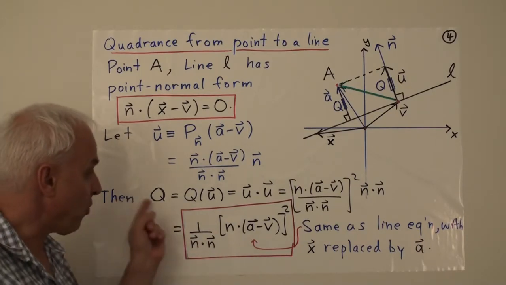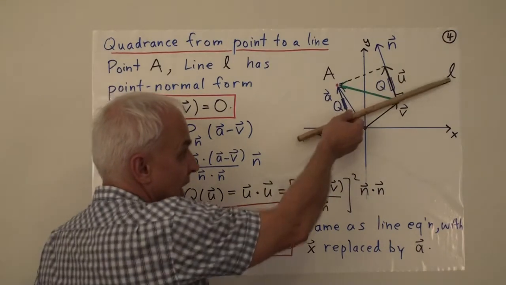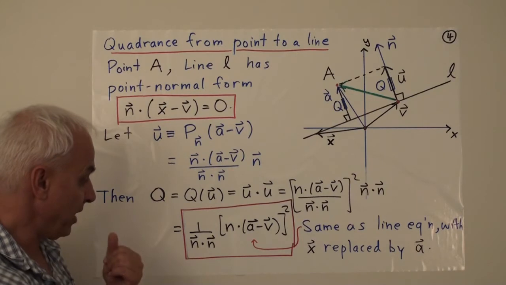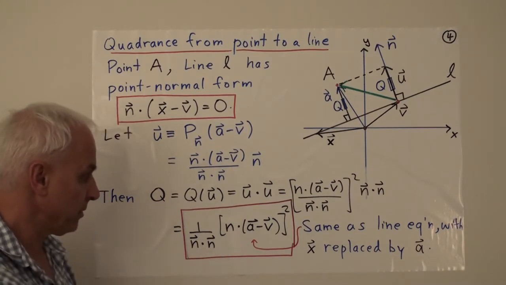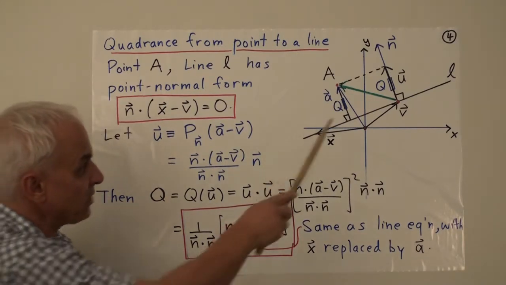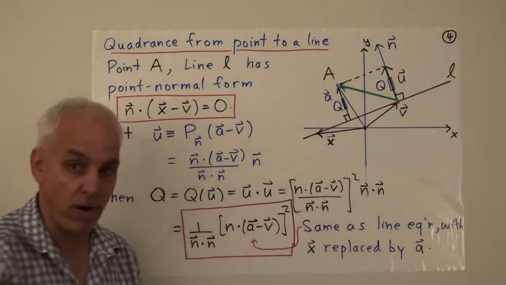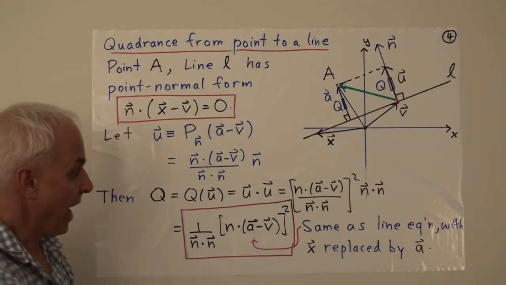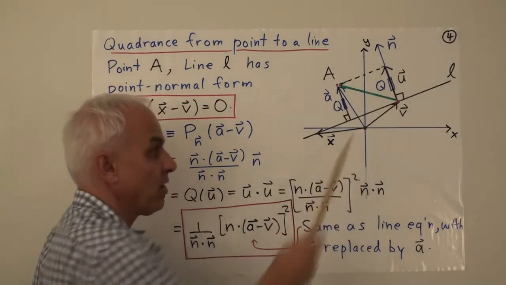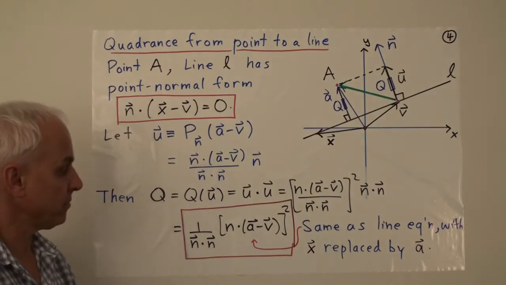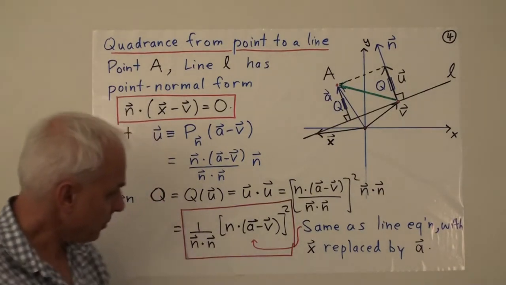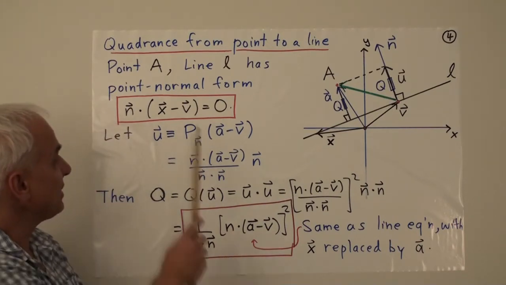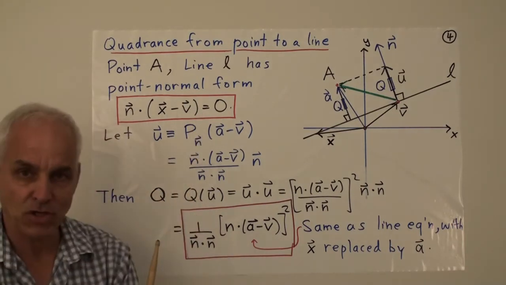All right, so this is a formula for the quadrance between this line and that point, and it's a number that involves three ingredients: the normal vector n, the vector a, which is the coordinate vector of the point that we're projecting from, and the vector v, which is a coordinate vector for a point on the line. Now note, the quantity in brackets here, n dot a minus v, is very similar to the equation of the line.